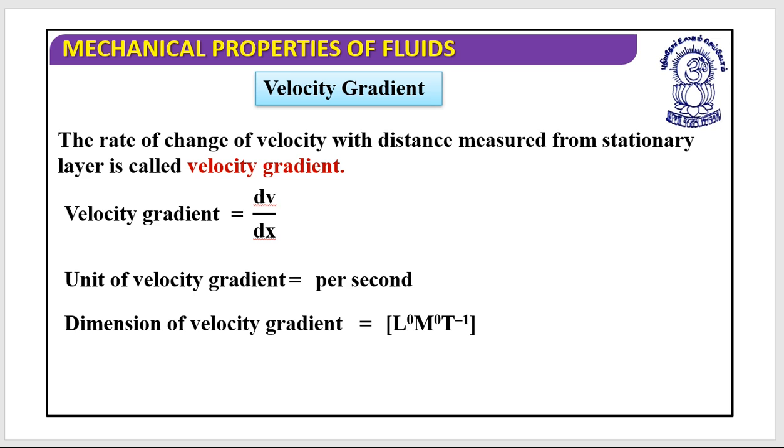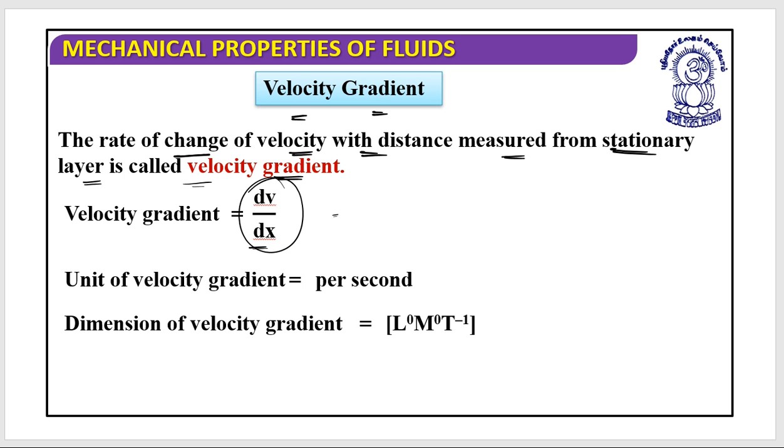Now let's discuss certain terms about the velocity gradient. The rate of change of velocity with distance measured from the stationary layer is called the velocity gradient, and it can be written as dv by dx.